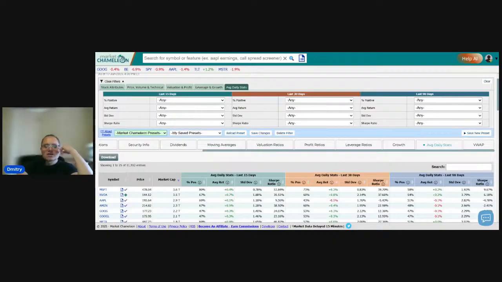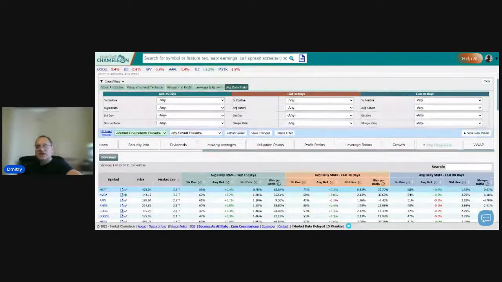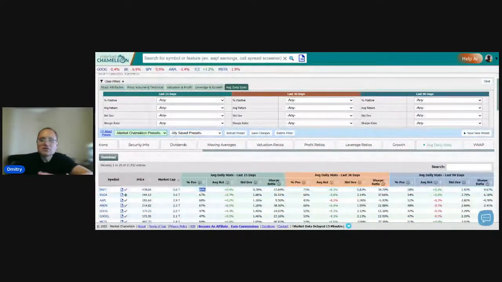And what we're looking at here, if we pick above SPY, this will say we were looking for more positive days than the rest of the market, the S&P 500. So if the S&P 500 was up 60% of the last 15 days, we're looking for stocks that did even better than that.